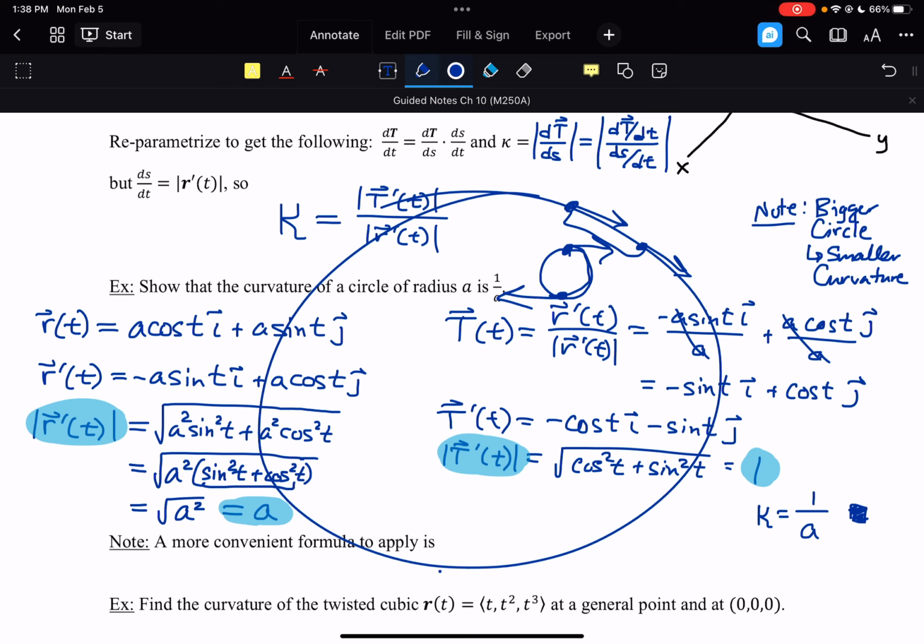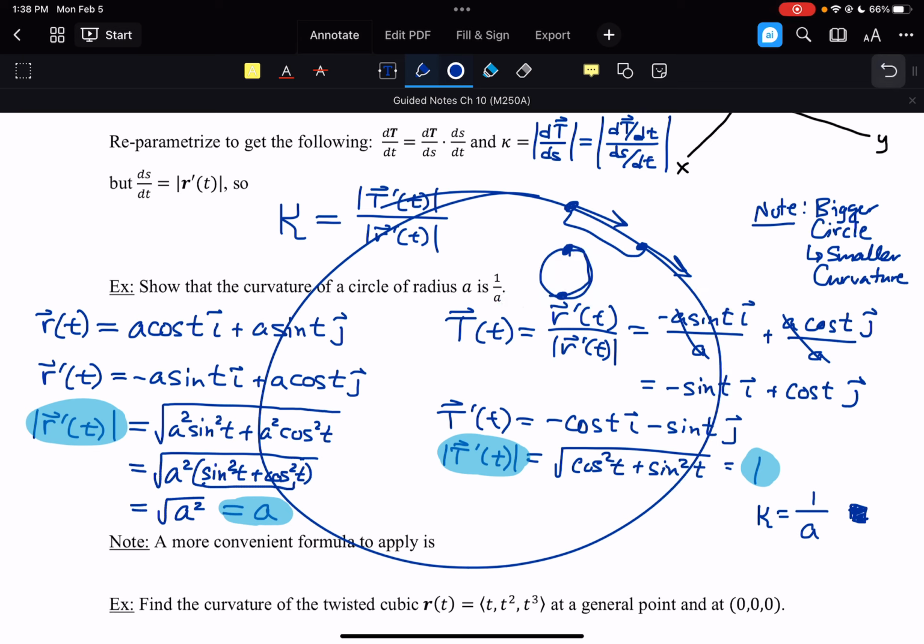So the large circle has a small curvature, because it's not curving as much from point to point as it goes around. But the small circle is curving and turning constantly, and very quickly doing so. So that produces a very high curvature.